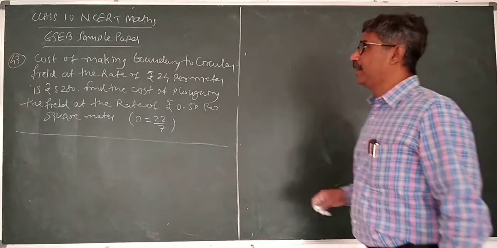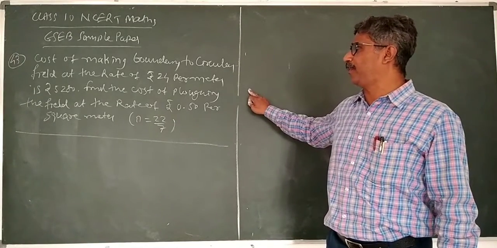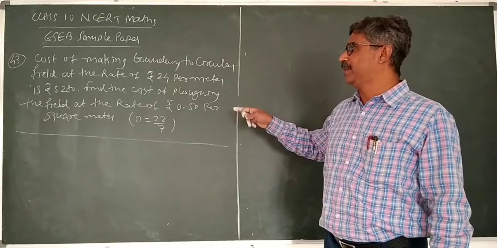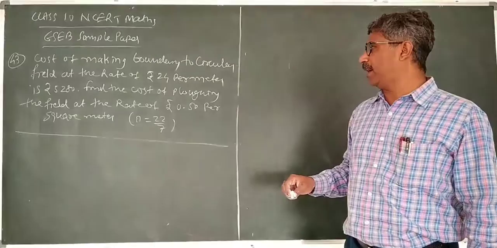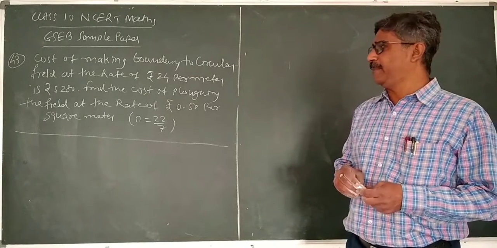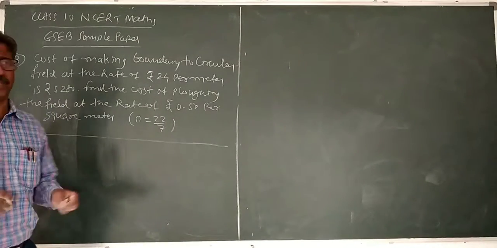Here is number 43. The cost of making a boundary to a circular field at the rate of rupees 24 per meter is rupees 5280. Find the cost of ploughing the field at the rate of rupees 0.50 per square meter. Take pi as 22/7.